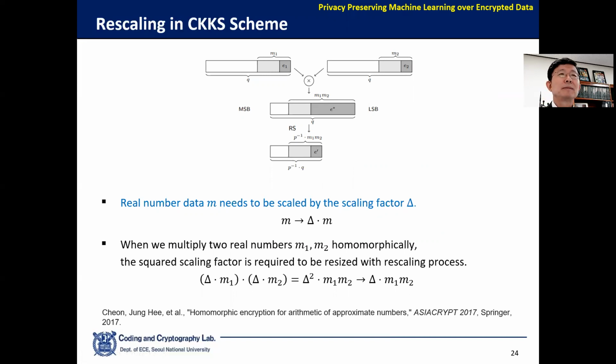So M is scaled to delta times M. When we multiply two real numbers, M1 and M2, homomorphically, the squared scaling factor needs to be resized with the rescaling process, as in delta M1 times delta M2 is equal to delta squared M1 M2. Then we rescale it to delta M1 M2.